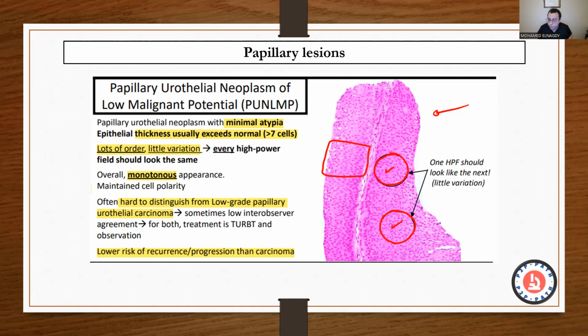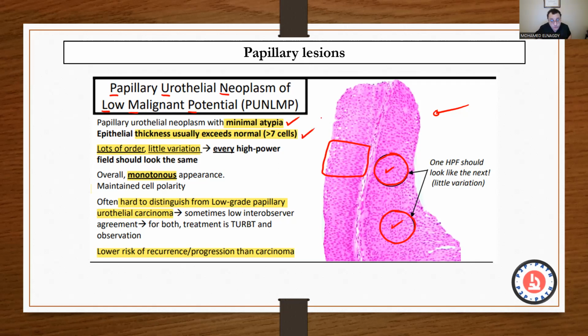So this is when you call PUNLMP. PUNLMP stands for papillary urothelial neoplasm of low malignant potential. So you're seeing minimal atypia, barely any.